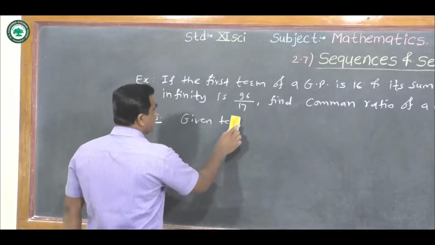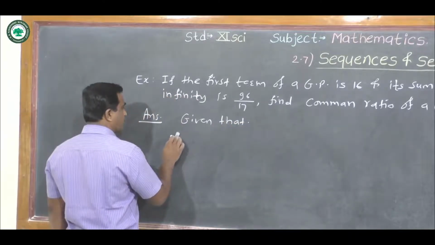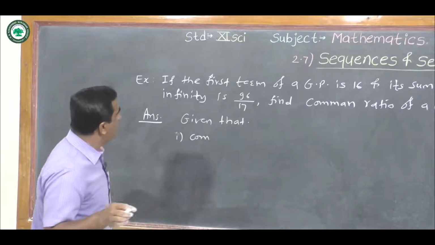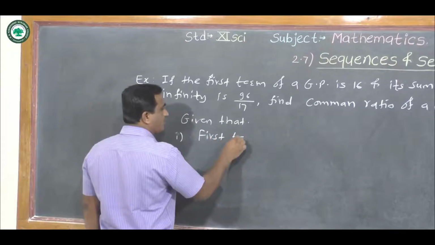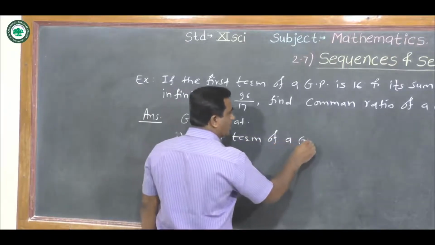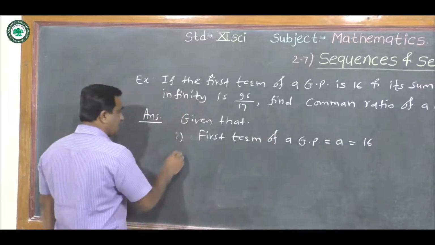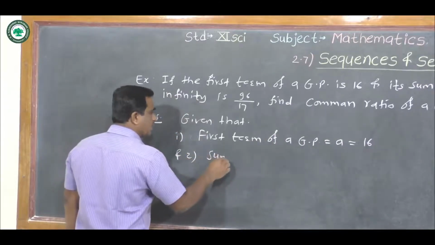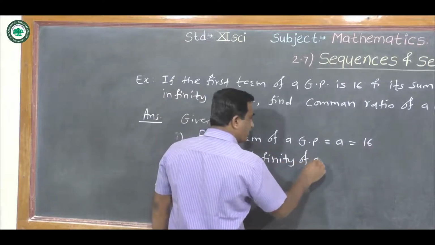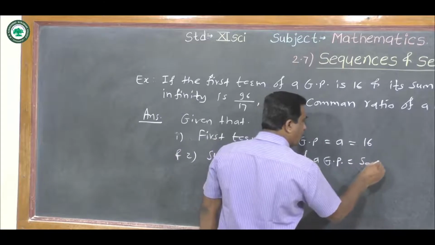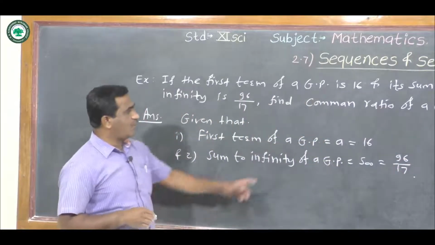Given that the first term of a geometric progression is A equal to 16, and second, given that the sum to infinity of a GP is S infinity equal to 96 upon 17. Okay, and we have to find the common ratio.